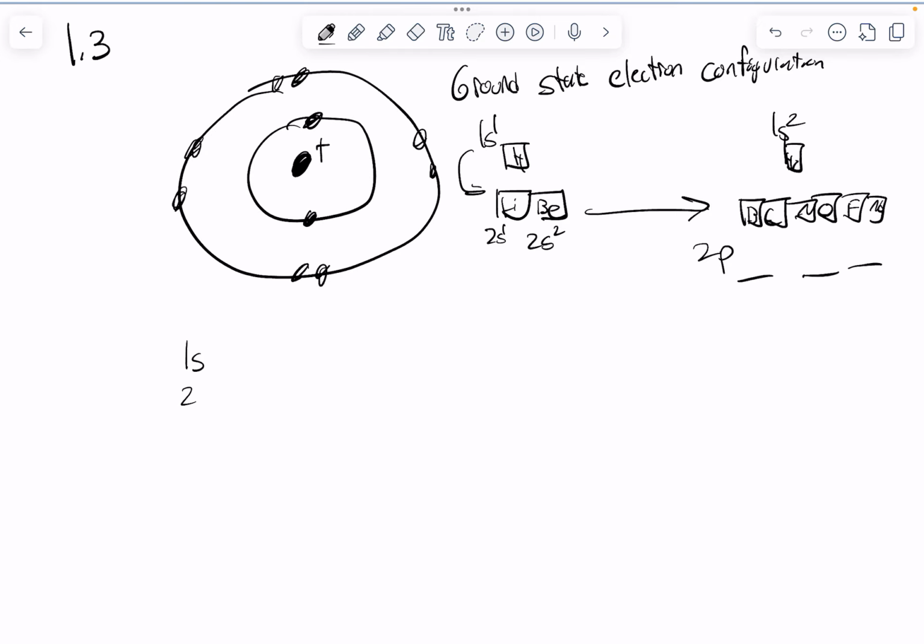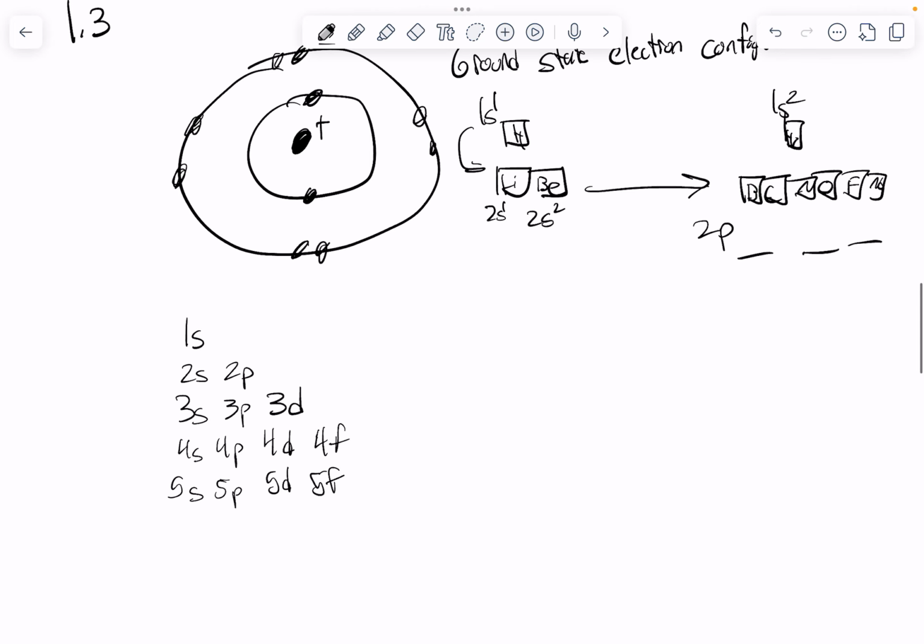Let's go 1s, 2s, 2p, and then we can go 3s, 3p, 3d, and then 4s, 4p, 4d, and then 4f. And we just keep on doing this. So we can go 5s, 5p, 5d, 5f. Okay? So we can write it like this.